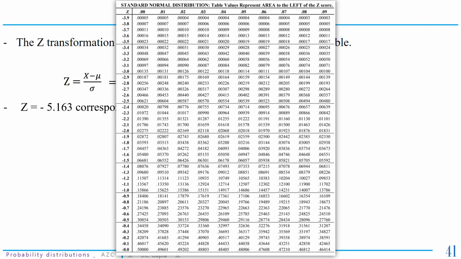Select row of minus 5.1, but it is not given in the table, so we will select the lowest value of Z given here. So select row of minus 3.9 and column of 0.09. So answer we get is 0.00003.